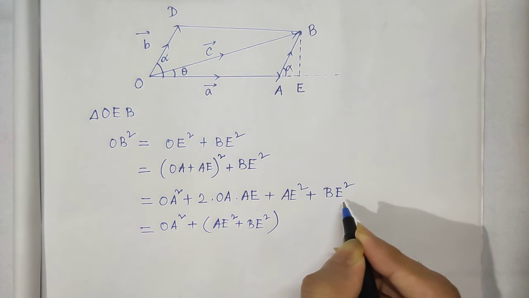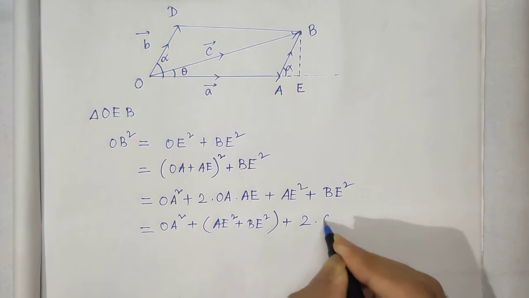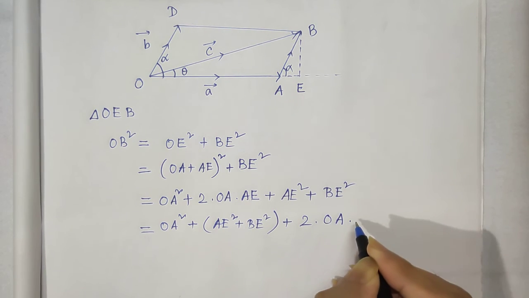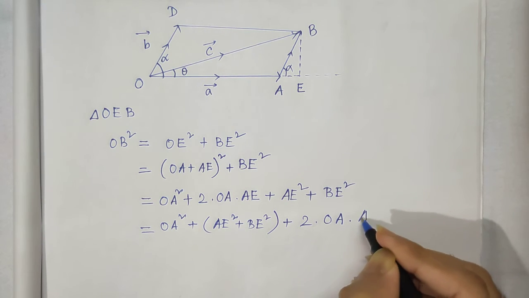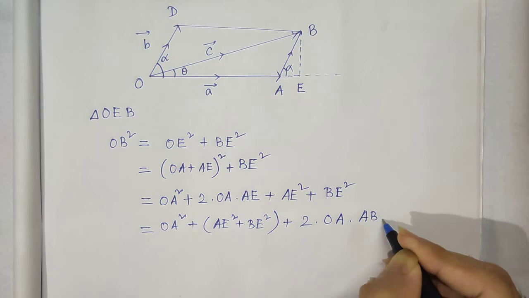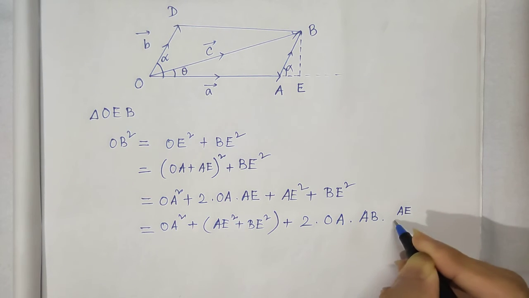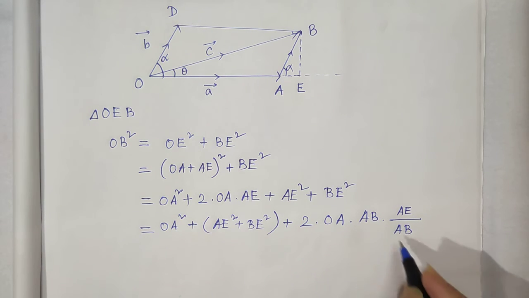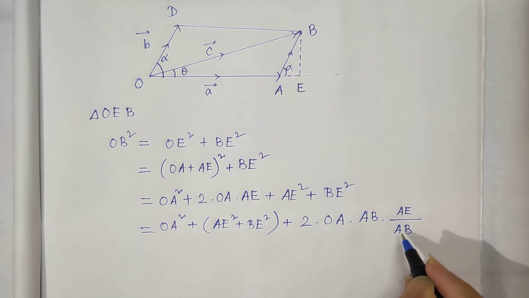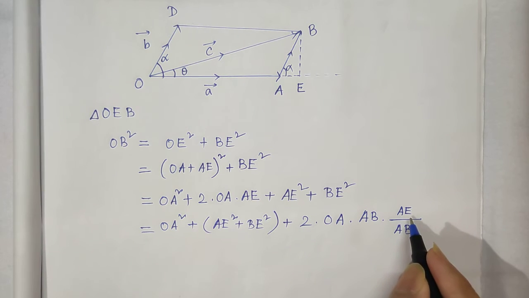We are writing these two first. Plus 2 into OA into AB into AE divided by AB. Here AB and AB will cancel out and we get 2 into OA into AE.